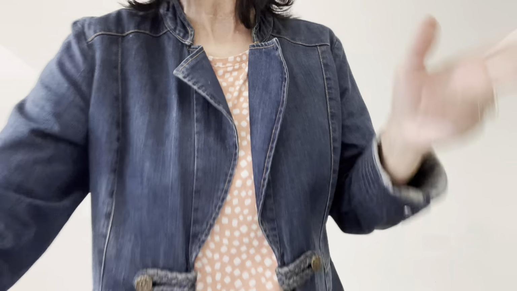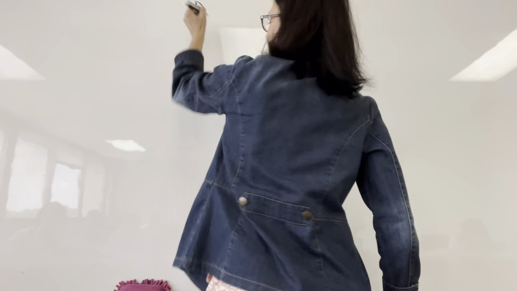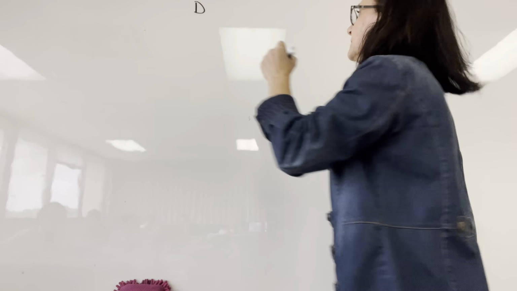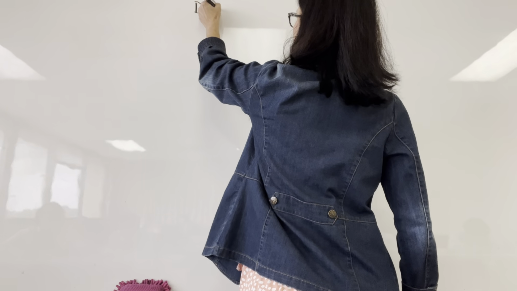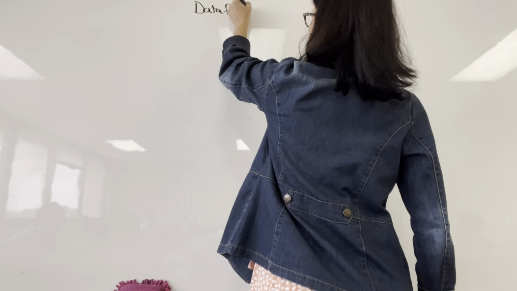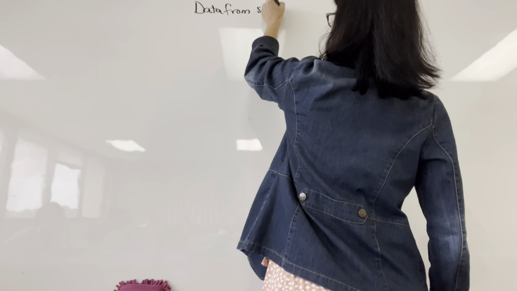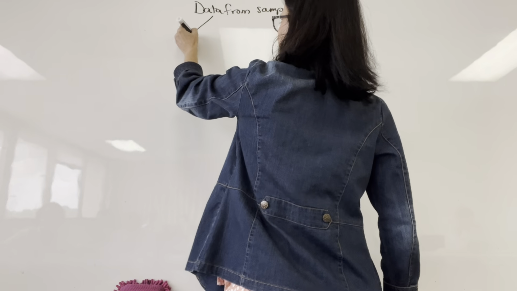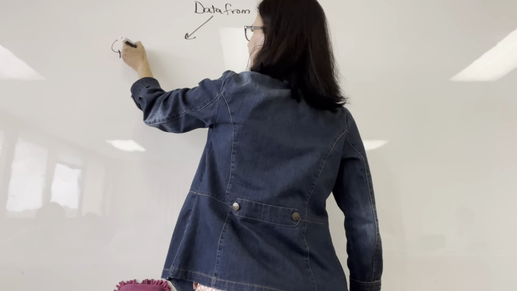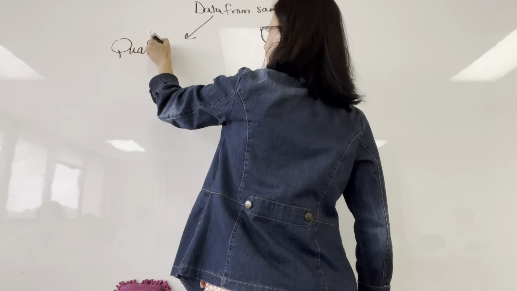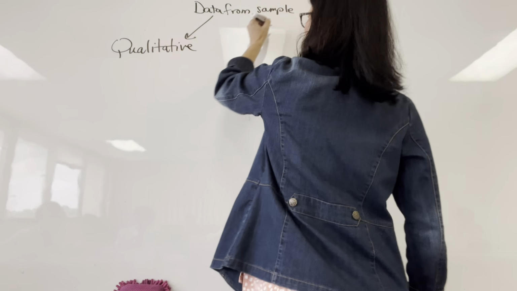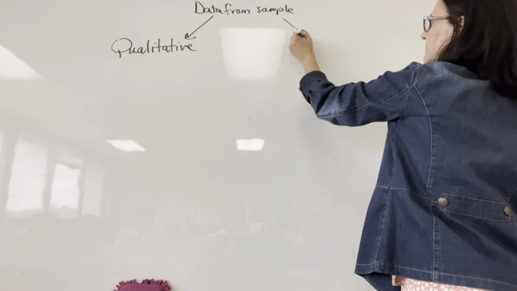So data gathered from a sample of people falls in one of two categories. The data from the sample group is either qualitative or quantitative.